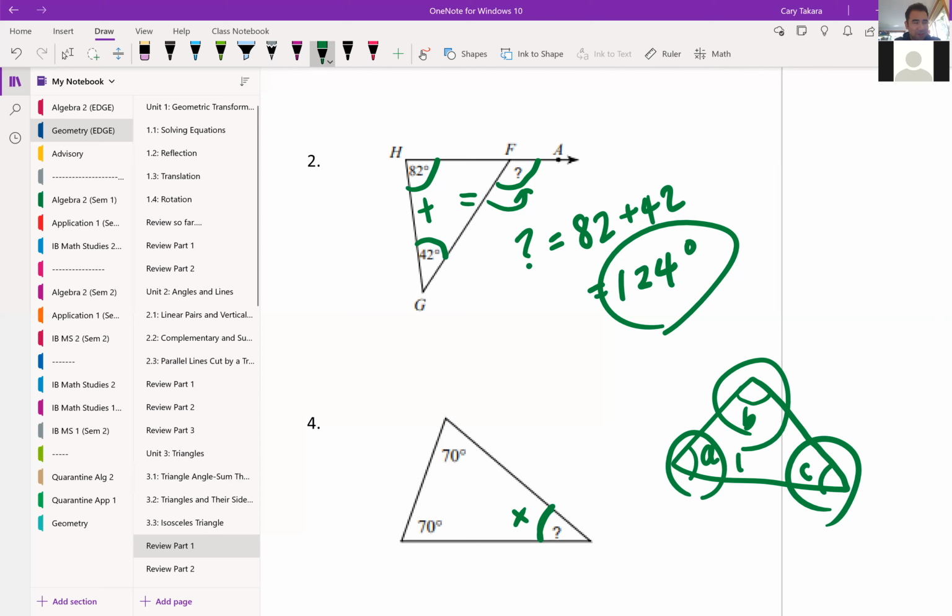Do you guys remember? It will be 180. Okay. In other words, 70 plus this is going to be 180. So can you figure out what X is going to be?